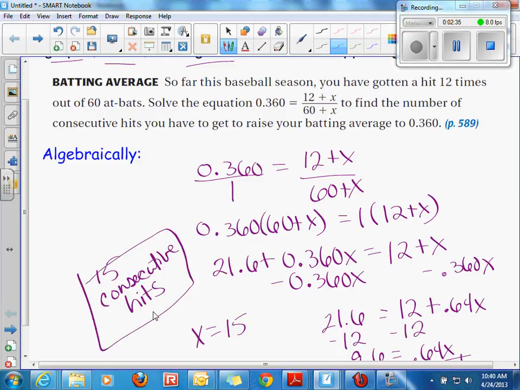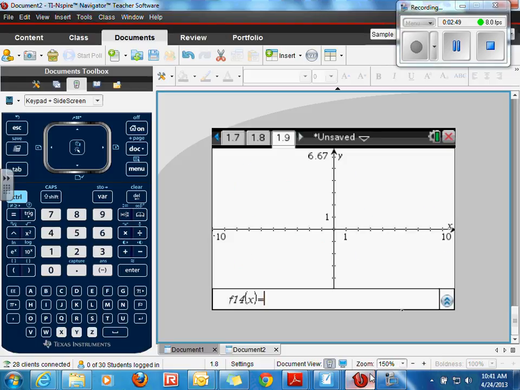Now, I also want to show you guys how to solve that graphically with the calculator and using a table with the calculator. So I'm going to get my calculator on the screen here. So in my calculator, I open a graph and I plot each side of the equation.